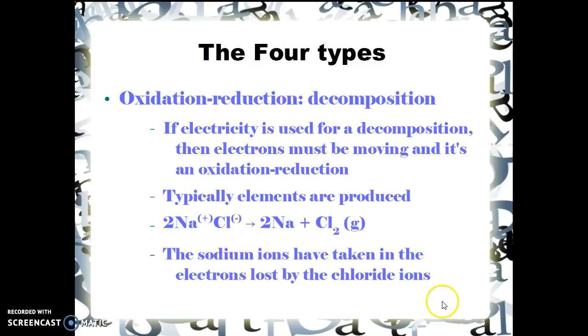The sodium ions here, I've just put the plus in parentheses, it doesn't really have a charge in the compound. The sodium has taken back the electrons, and the chloride has lost electrons, giving you neutral sodium atoms and neutral chlorine gas.